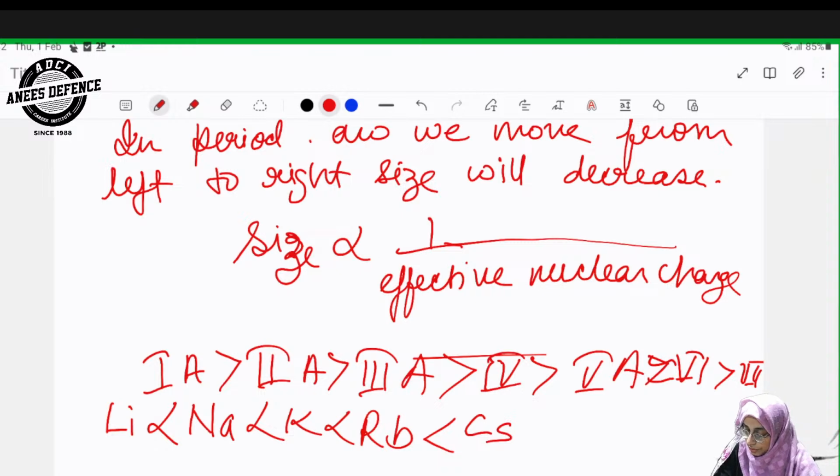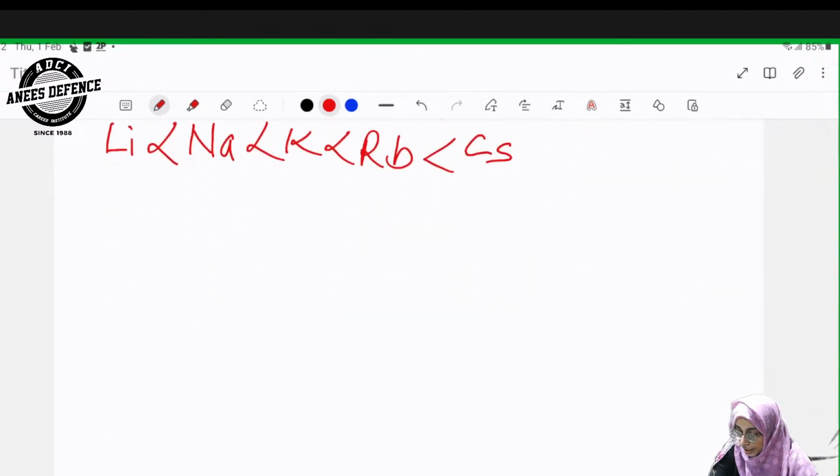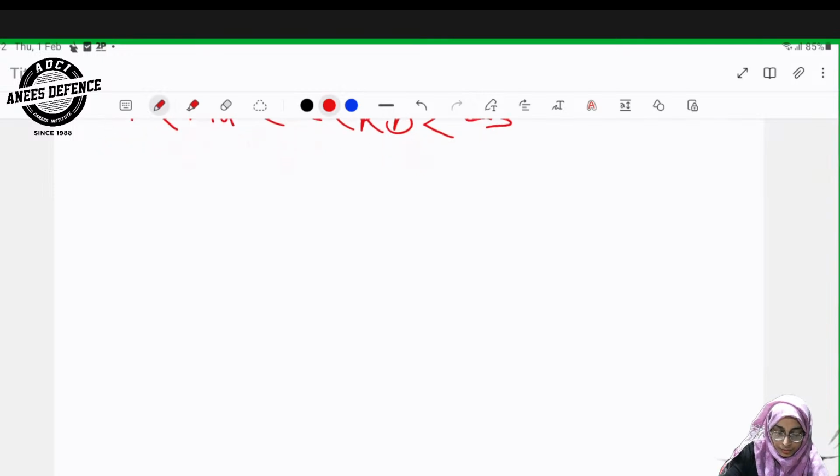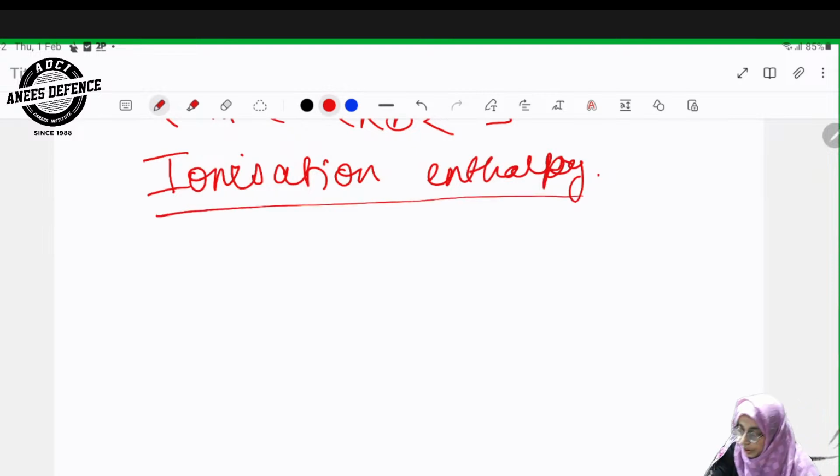Size of the cation and anion we'll discuss later on. Now the ionization enthalpy. The second property is ionization enthalpy, or you can say ionization energy, or ionization potential, whatever.